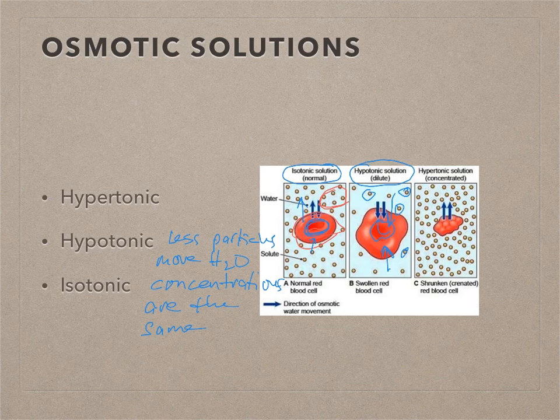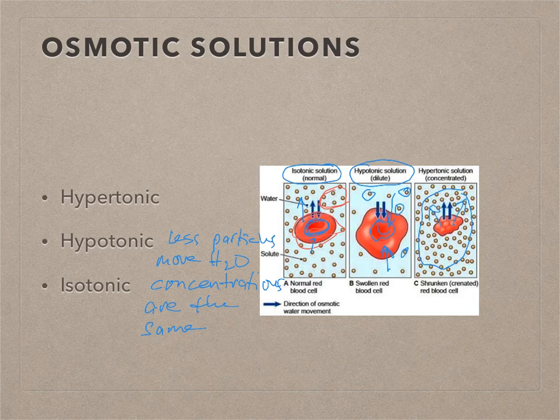In this last example, there are a lot of particles outside the cell, so it's very concentrated with particles. A lot of stuff is dissolved in the water, so there is very little water in the solution outside the cell. What's going to happen is water is going to come out of the cell.